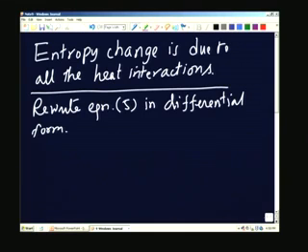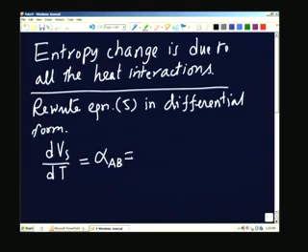Therefore, the differential form is given by dVs by dT, the derivative of that expression with respect to temperature, which we have defined as alpha. If you want, you can explicitly say alpha AB.